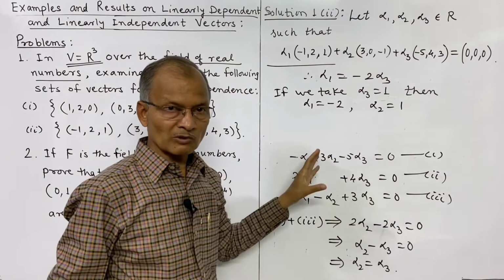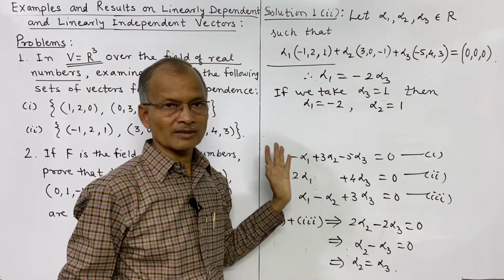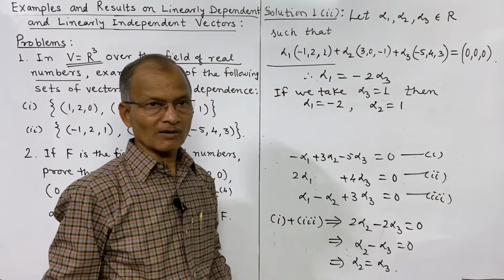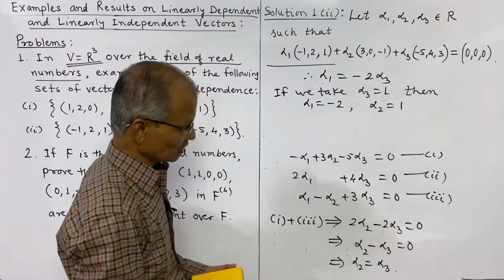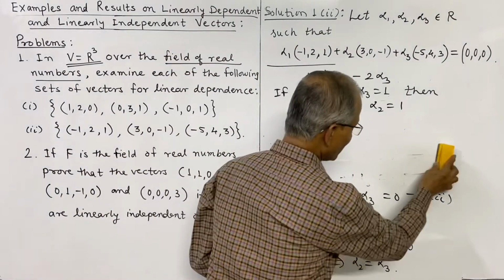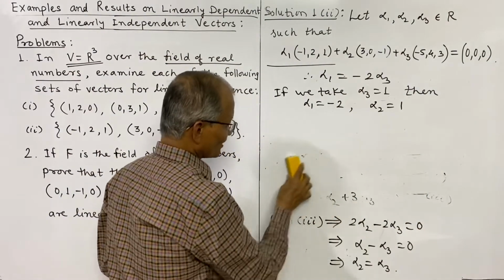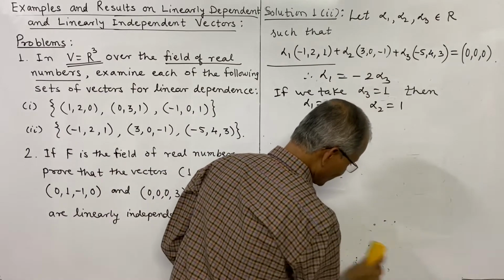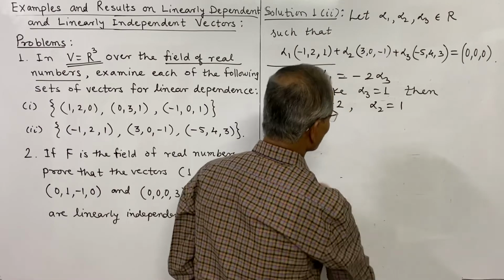If at least one of them is not 0, then the vectors become linearly dependent by definition. Here the vectors are linearly dependent because the alpha values are not 0.